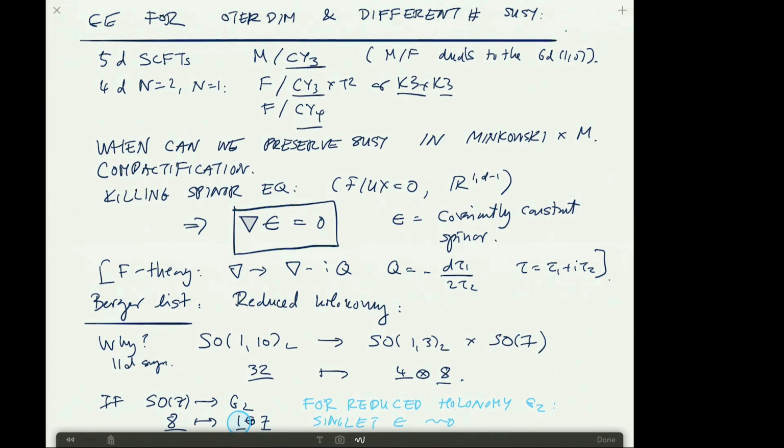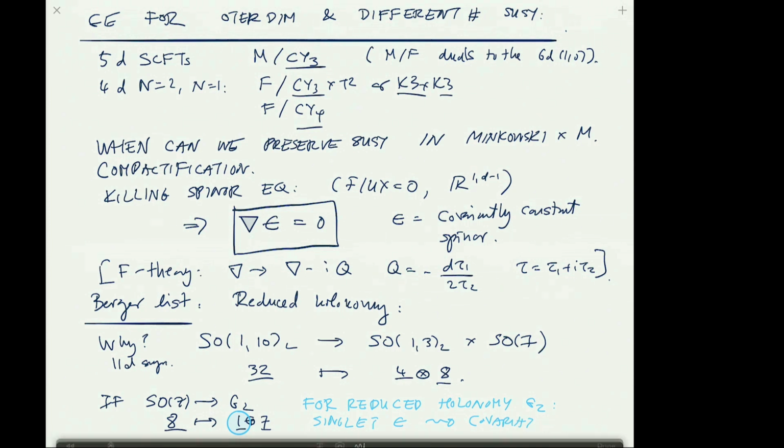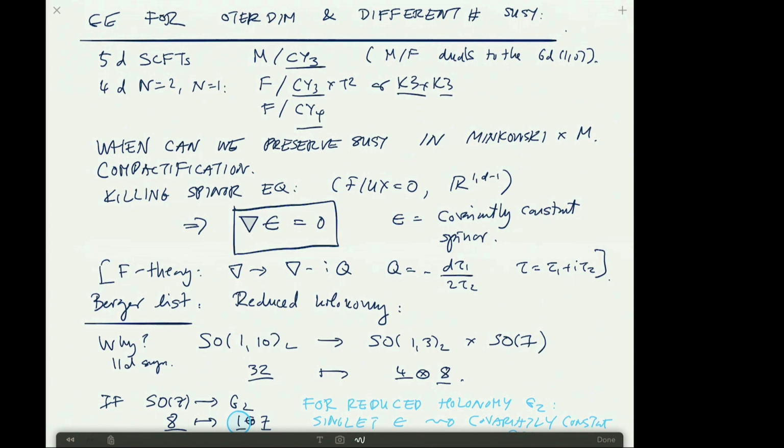And in fact, this will imply there's a covariantly constant spinor. There's still a little gap in here, but this is something that then follows from the existence of such singlet representations. Okay.